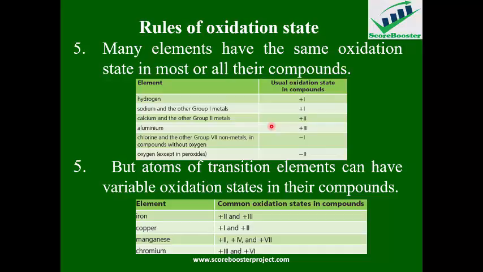But elements like hydrogen sometimes change, but not every time. The majority of the time, the oxidation state is +1. In some cases, as in hydrides, when hydrogen reacts with a metal to form sodium hydride, potassium hydride, calcium hydride, that is when the oxidation state changes, because the metal is more stable.